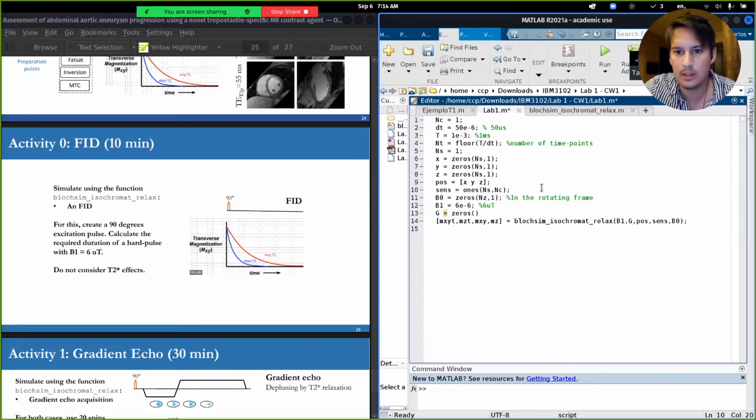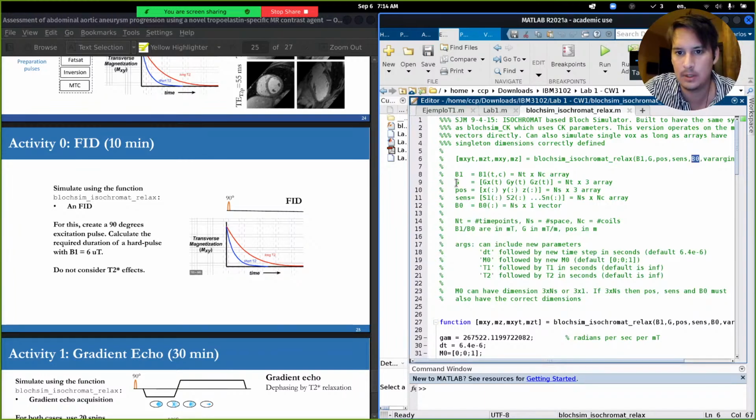Okay, so I think we defined everything already. Oh, we didn't have the gradients.